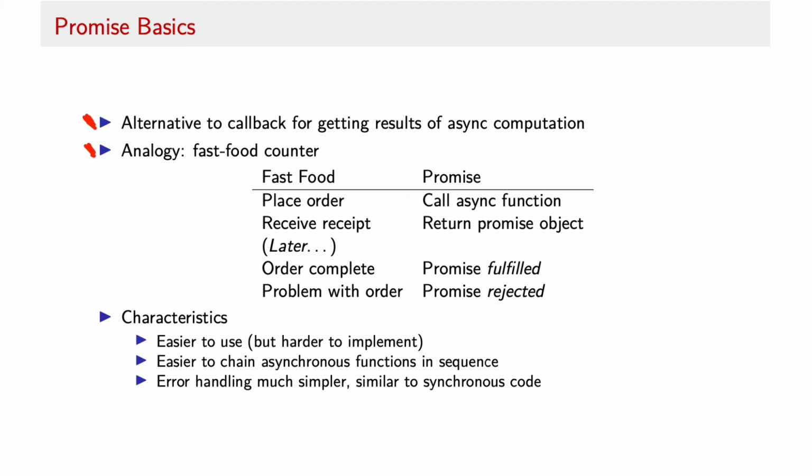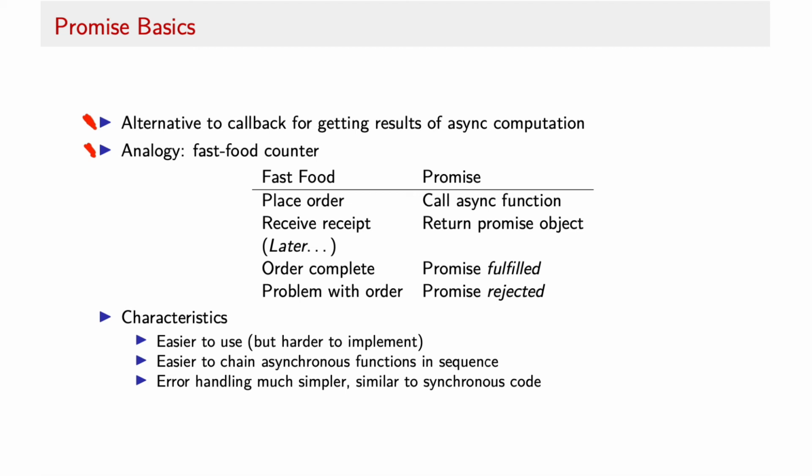Now, there is an almost direct analogy between that fast food ordering process and the use of a promise in asynchronous coding. So the equivalent of placing the order is effectively calling the asynchronous function, right?